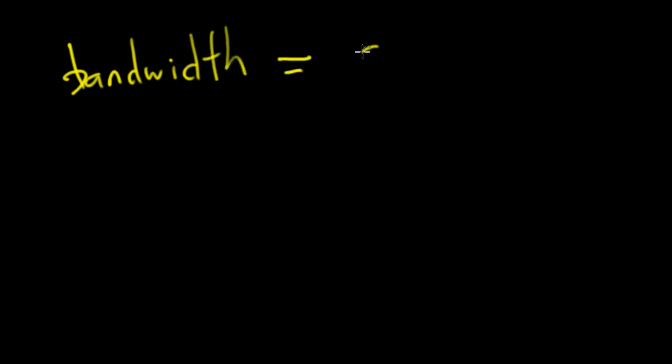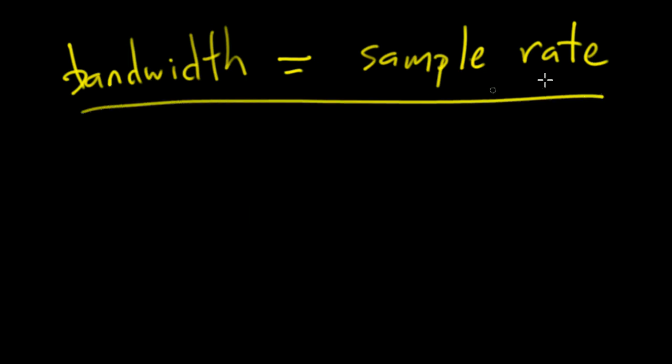I think a more elegant statement of the sampling theorem is to say that the bandwidth described by a digital signal is equal to the sample rate. Now, this is only true if you're dealing with complex valued signals. But isn't that an elegant statement? The bandwidth is equal to the sample rate.